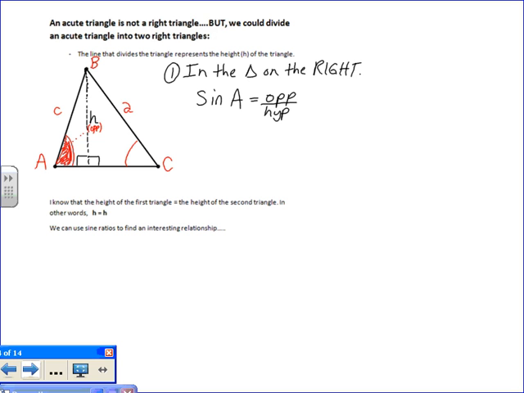And opposite the right angle is my hypotenuse, so C is my hypotenuse. Which means that the sine of A is equal to the opposite, which is H, over the hypotenuse, which is C. So I have the following: sine of A is equal to H over C.